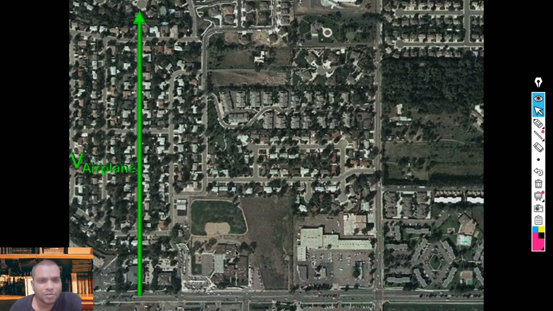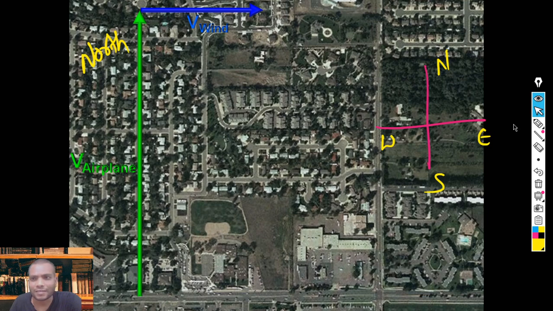Apply the same situation to an aeroplane. Suppose this is the velocity of the aeroplane, which is moving straight towards the north. Let me take the directions one more time here. So these are my directions: north, east, west, south. The plane is moving towards the north, but the wind is blowing towards the east.